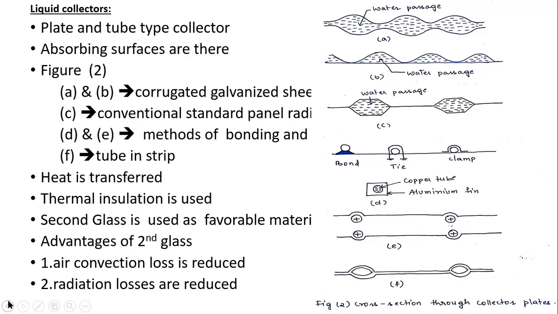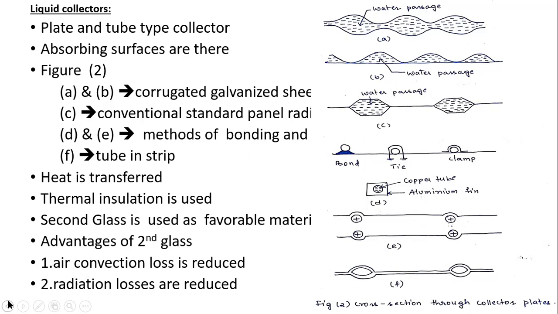Okay, so heat is transferred from the absorber plate to a point of use by a circulation of fluid. Fluid is mostly water. So this circulation of fluid will be done across the solar heated surfaces. Thermal insulation is also used, with a thickness of 5 to 10 centimeters.